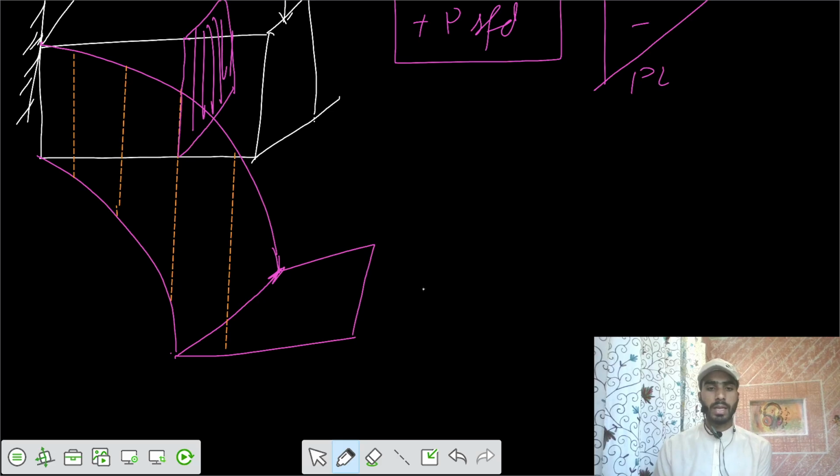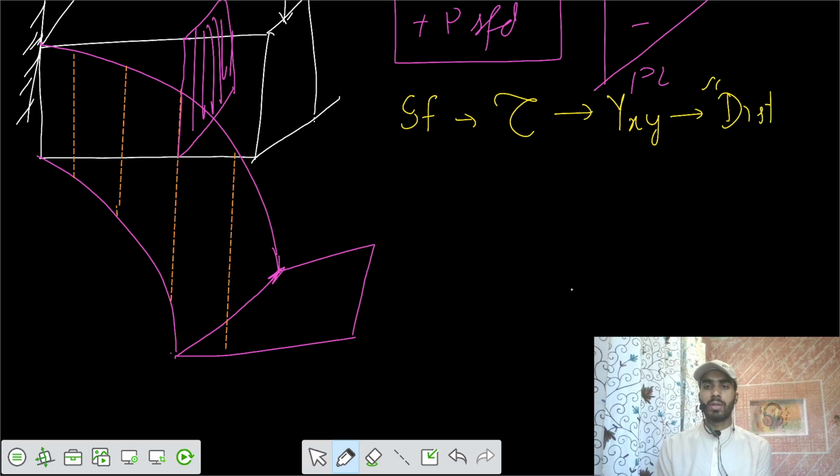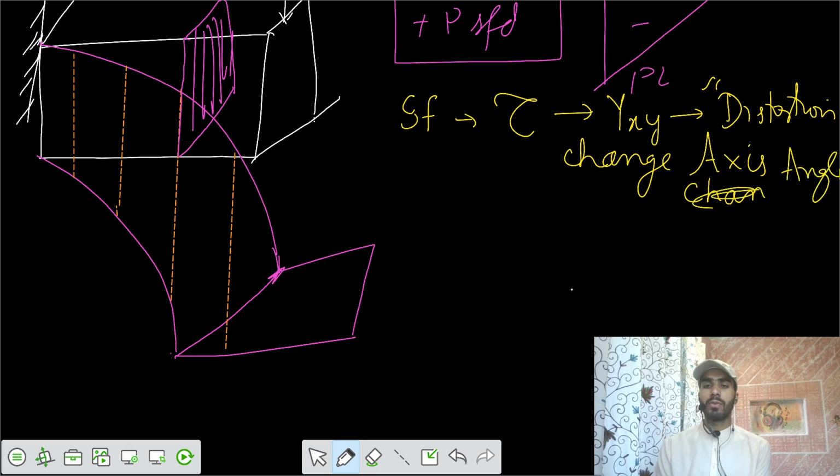Now what would happen? Because there is shear force also, we know that because of shear force there is shear stress, and because of shear stress we have shear strain. Shear strain is the distortion of the shape, or change in geometry, or we can say axis angle change. The angle between the axes changes.